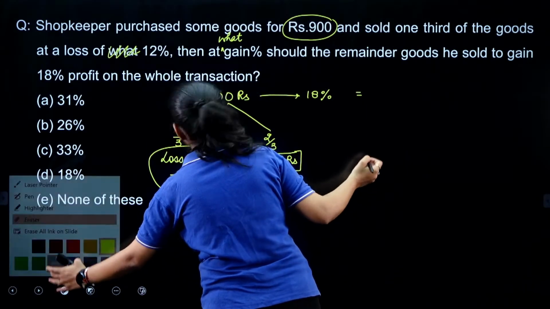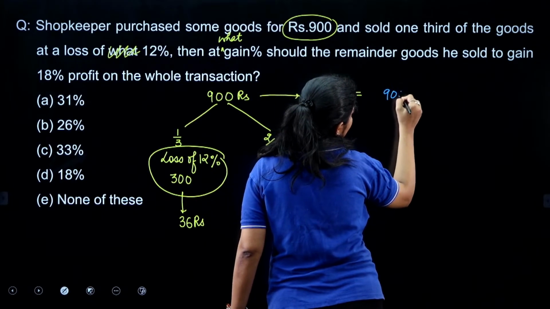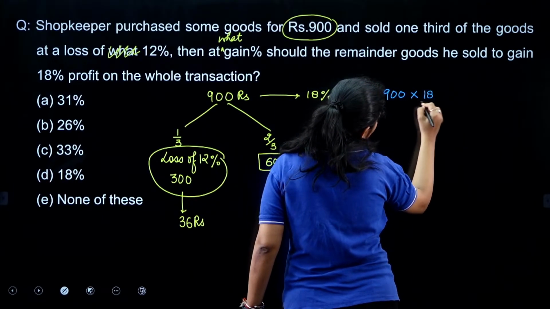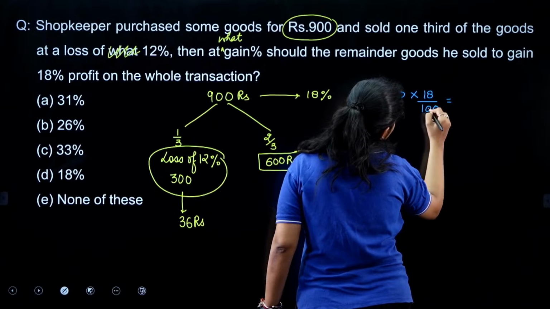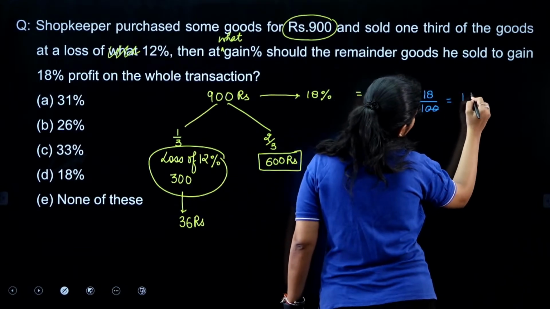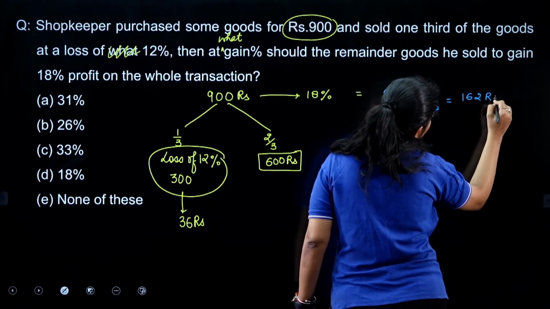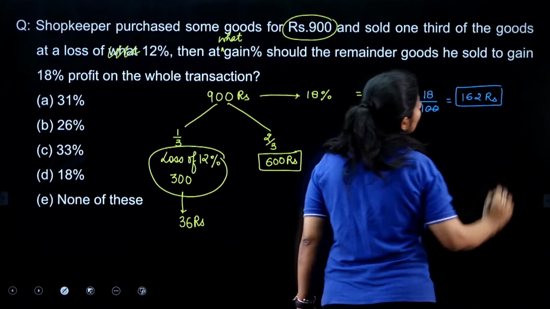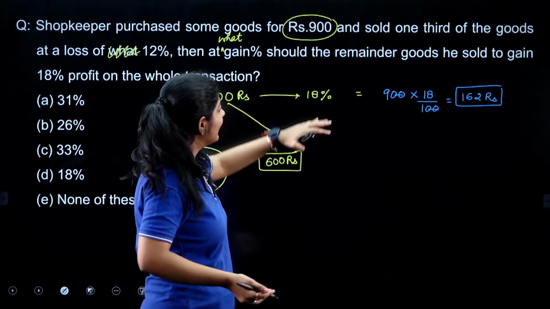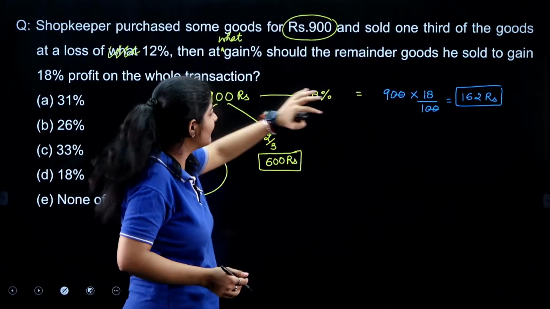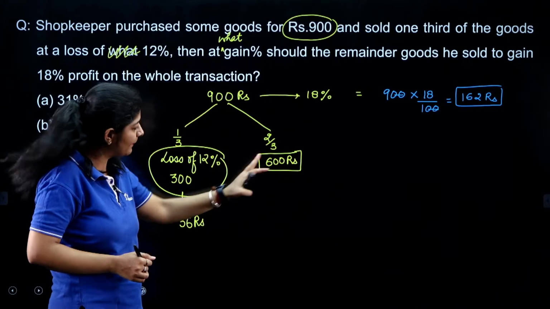So we can say 900 and 18% of 900 is nothing but 162 rupees. So he is earning 162 rupees on 900, and with this condition we need to find out the percentage gain.